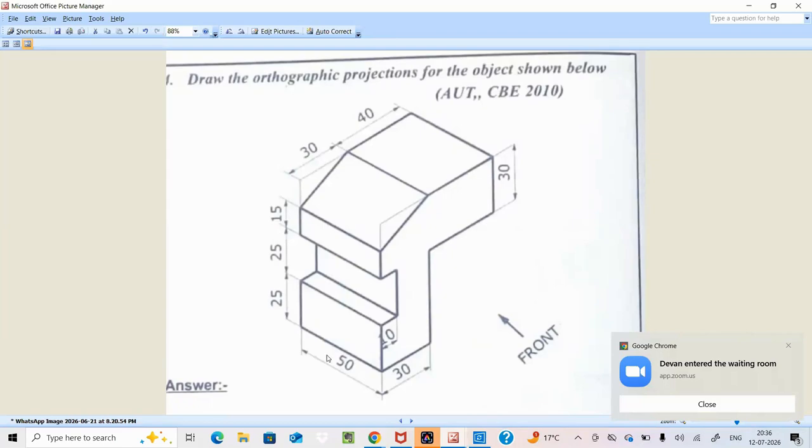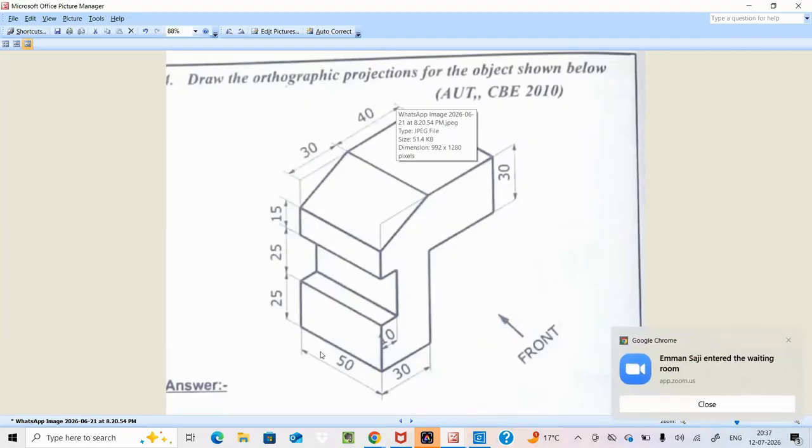Similarly, in the left side view, this 30 mm is visible, 50 mm is visible, plus this height 25 plus 25 plus 15. This height will be visible. And in the top view, this 40 mm, this 30 mm, and this 50 mm will be visible. So you need to convert this 3D picture into a 2D picture.